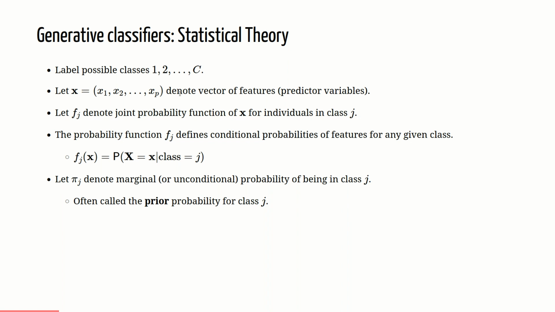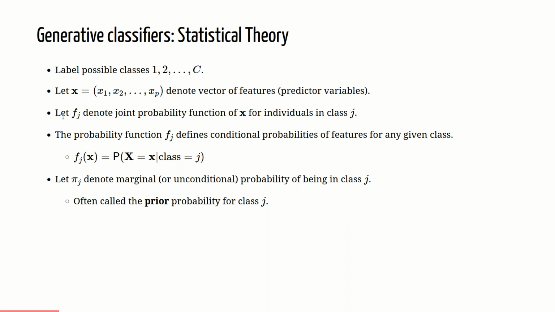And then we're going to denote f_j as the joint probability function of x for individuals in a particular class j. So we're going to have an f_1 for the first class, which denotes the joint distribution of these x_1 through x_p within that class. That distribution is likely to differ from class to class. If it didn't differ, then we wouldn't be able to distinguish the classes.